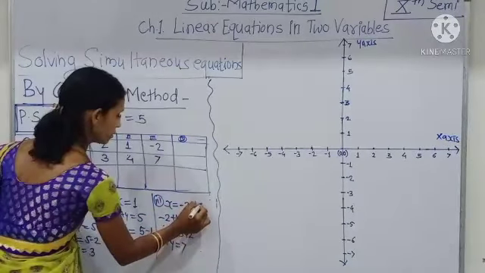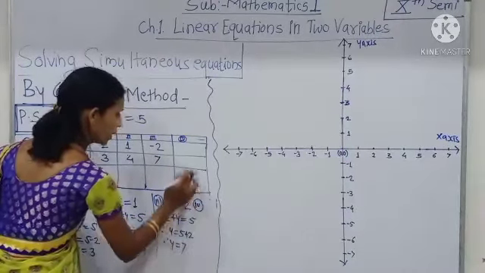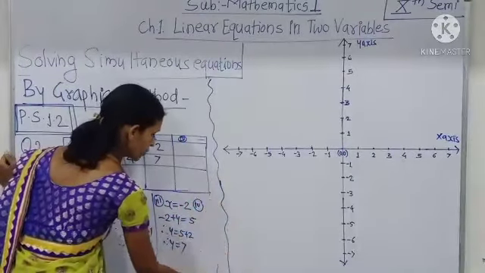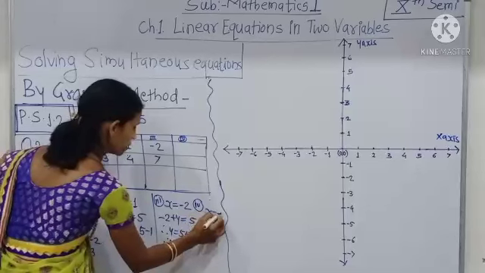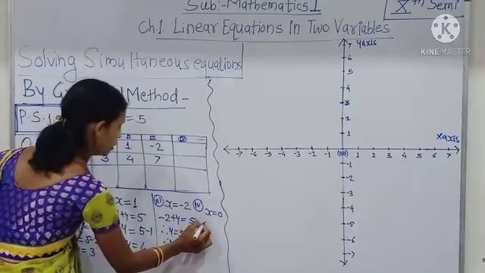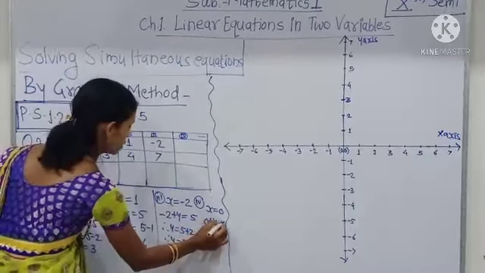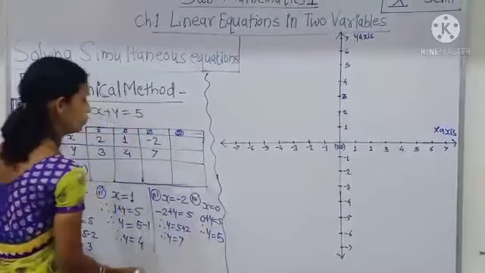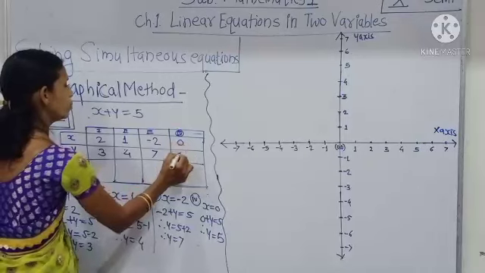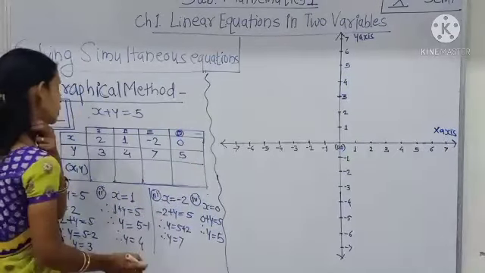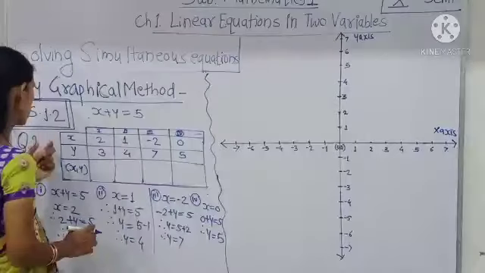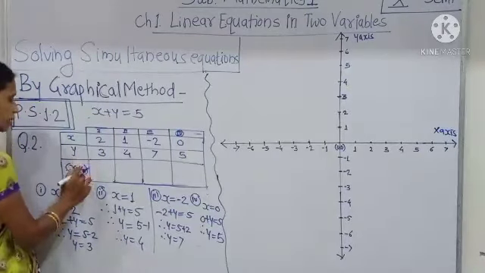Similarly, we get the fourth ordered pair for the same equation. If x is equal to 0, then 0 plus y is equal to 5. Therefore, y is equal to 5. Therefore, (0, 5) is the fourth ordered pair for this equation.